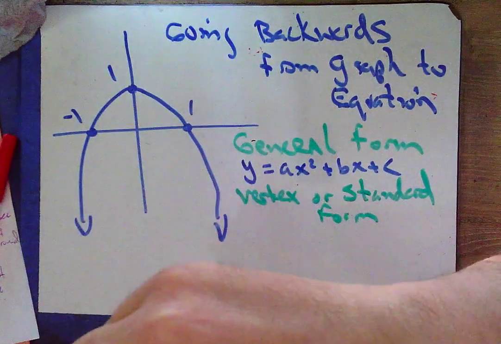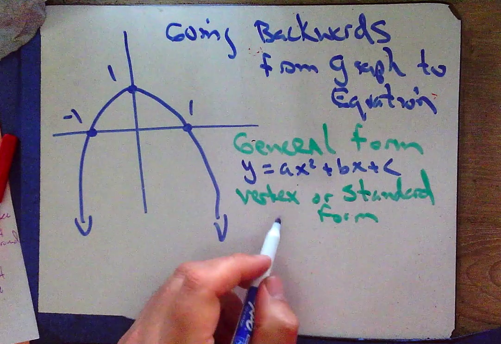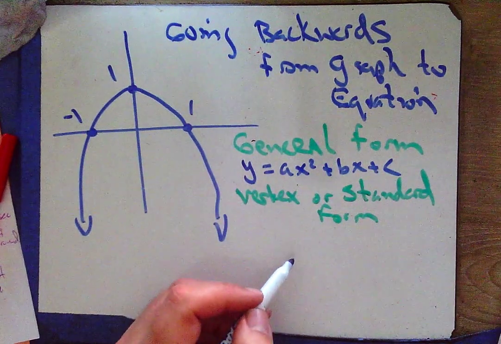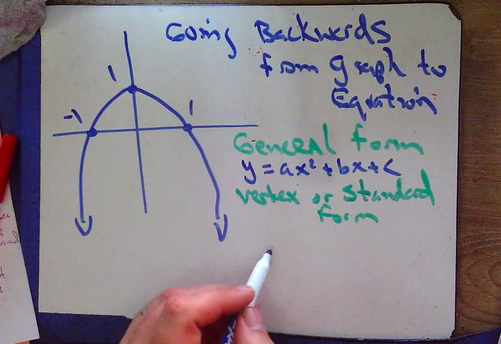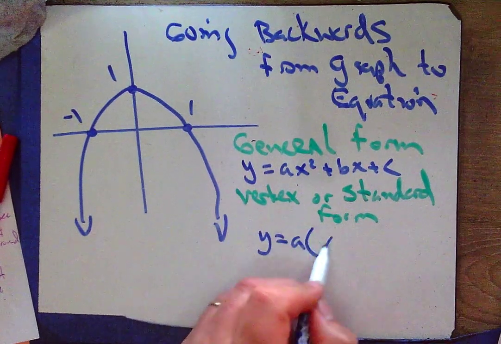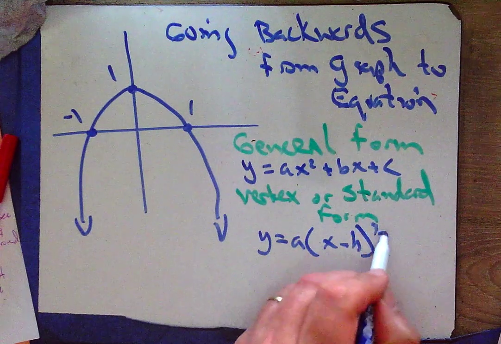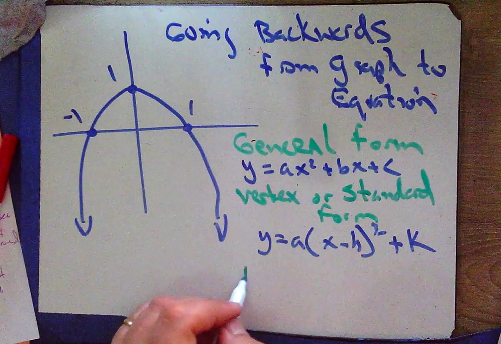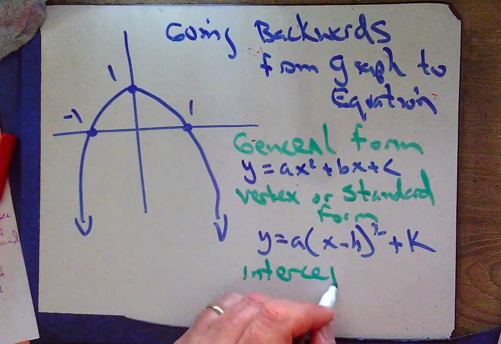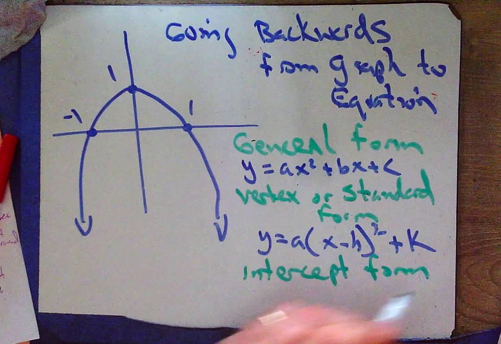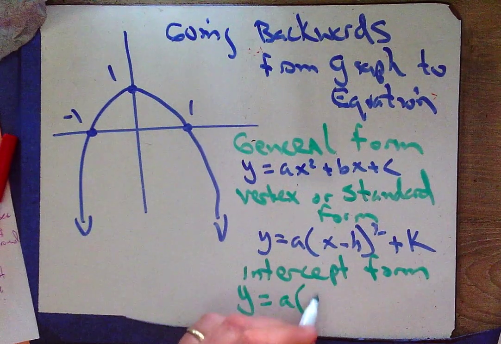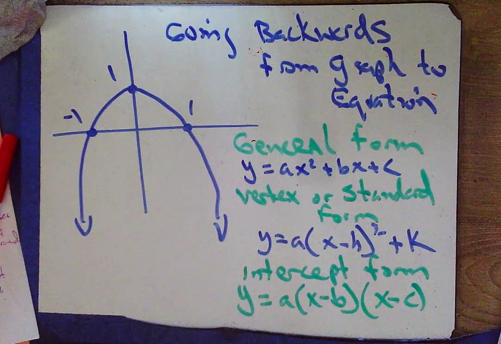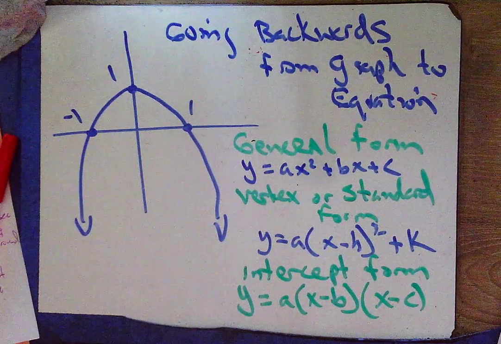It's called standard form because this is what most people use, but I notice we're most often given general form. So this one was y equals a times x minus h squared plus k. And then finally we have intercept form. y equals a, x minus b, x minus c. And so these are the forms I could use.